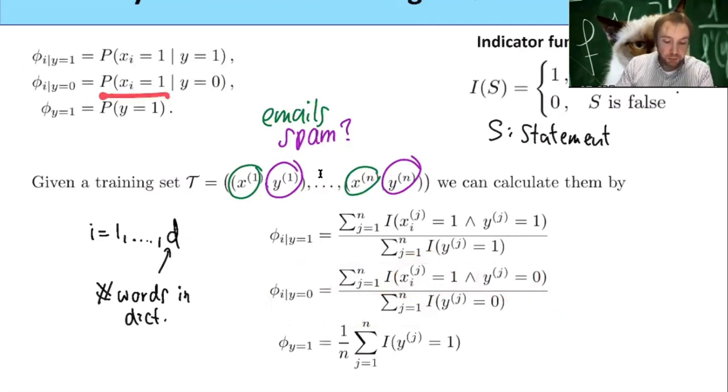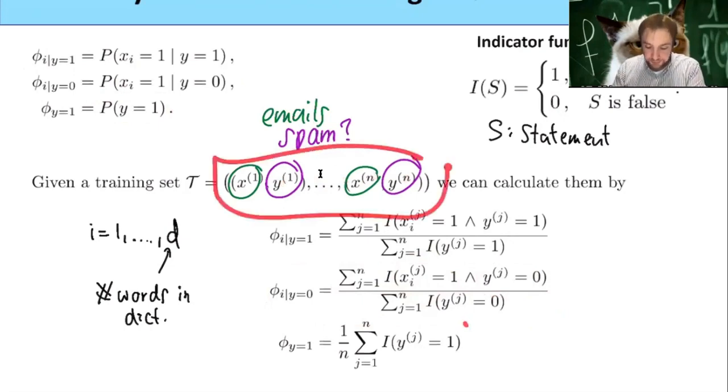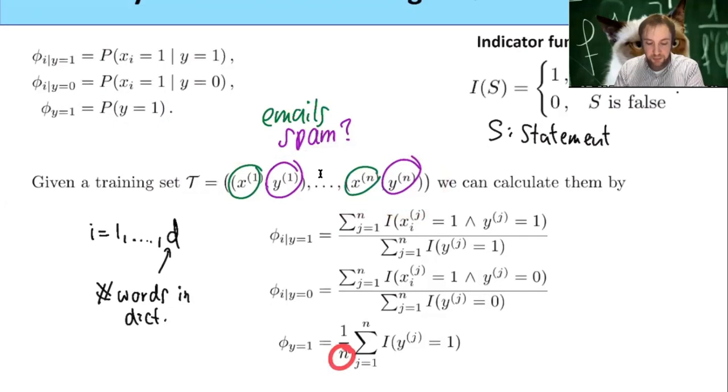And then the probability that an email is spam: for this, we just need to count the number of spam emails and divide it by the number of all emails in our training set. So n is the number of training examples. Here we take the sum over all training examples and check if the corresponding training example is spam.